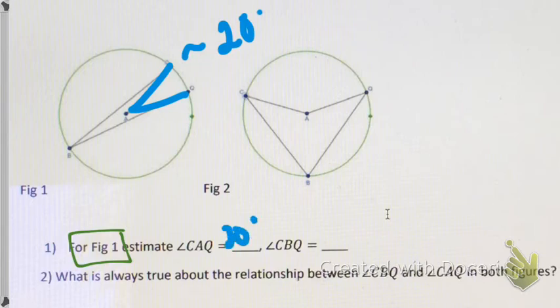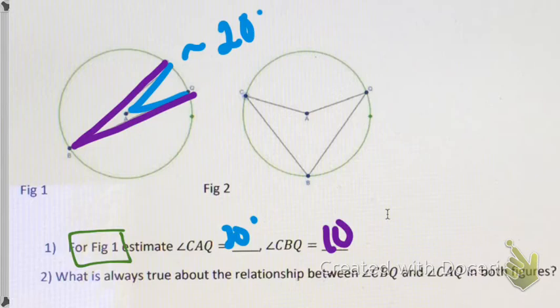And then CBQ, that is the inscribed angle. All you're really doing in this exercise is comparing, you've got to know that it's half. That's the inscribed angle theorem. Go back and look at your lesson summary if you need to, lesson 2, I think. So what's always true about those angles? This angle right here, the central angle, is equal to the arc, which is all equal to 1/2 that inscribed angle.